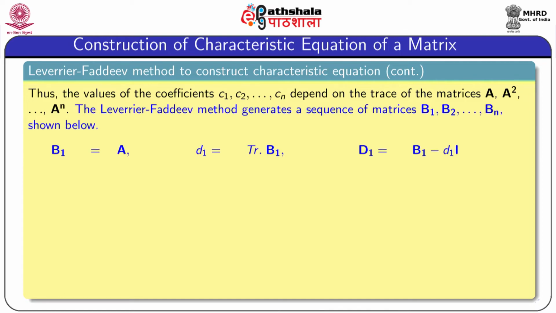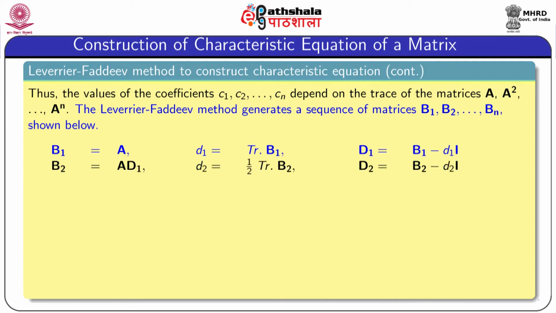Now, the Leverrier-Faddeev method generates a sequence of matrices B1, B2 up to Bn as shown below. The first matrix B1 is equal to A, and d1 is a scalar equal to the trace of the matrix B1, and then we compute a temporary matrix D1 equal to B1 minus d1 into I, where I is the unit matrix.